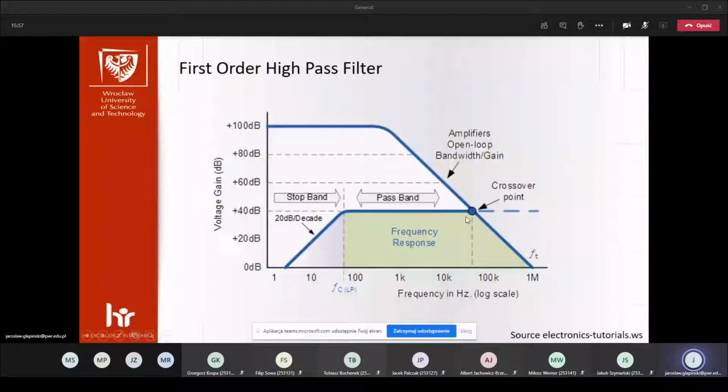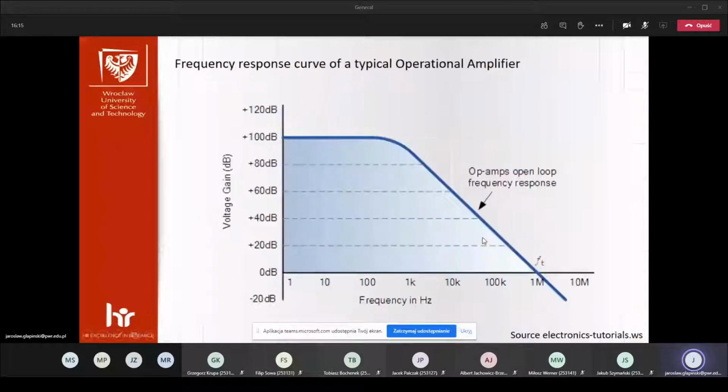So remember that if you design an amplifier, especially high pass, the gain will drop for higher frequencies because the amplifier is not infinite. So it's not ideal.